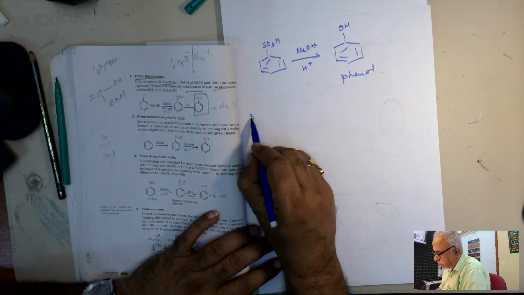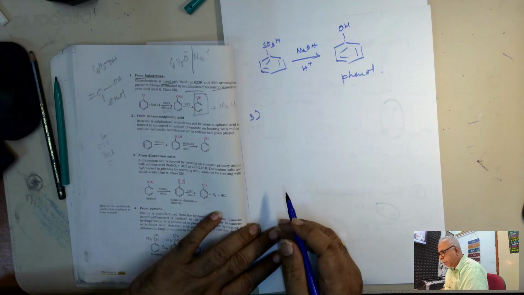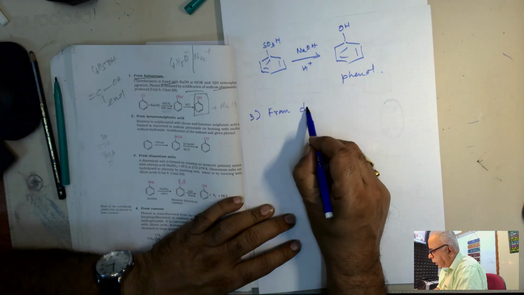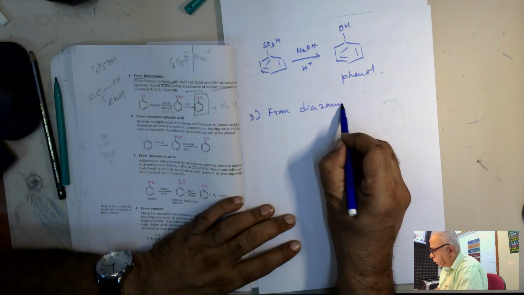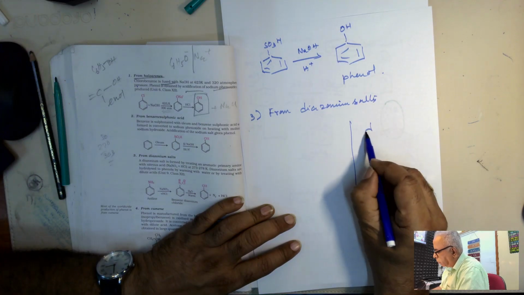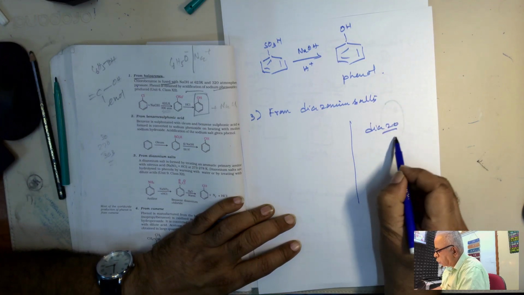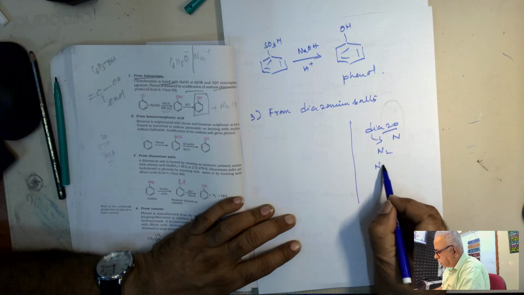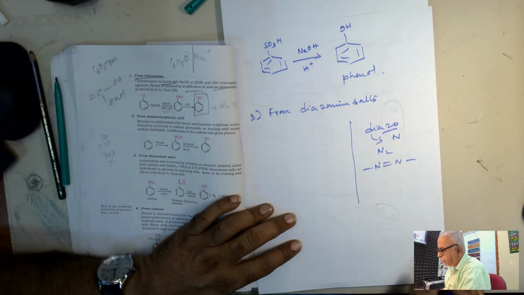Third method of preparation: from benzene diazonium chloride, from diazonium salts. What do you mean by diazonium? Diazo: azo means nitrogen, diazo means the two nitrogens. So it is combined like this, N2.